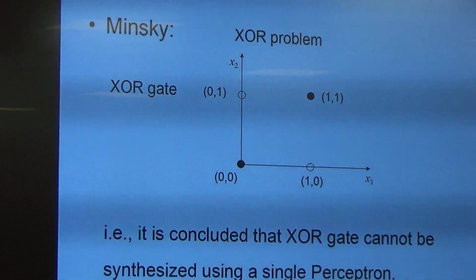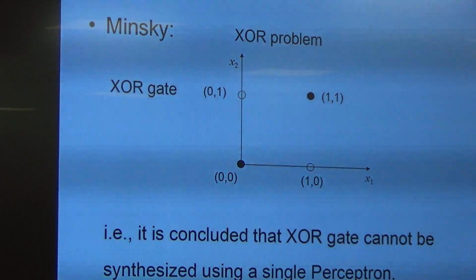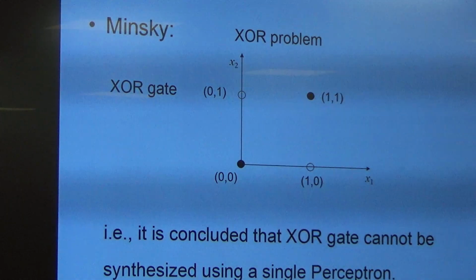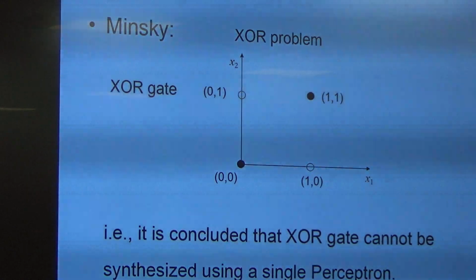So in the simplest formulation, we have 0 or 1 as the inputs. 2 dimensions, 2 input gates. For instance, we want to realize, let us say, the OR gate. Pretend that the output minus 1 corresponds to 0 and 1 corresponds to 1.